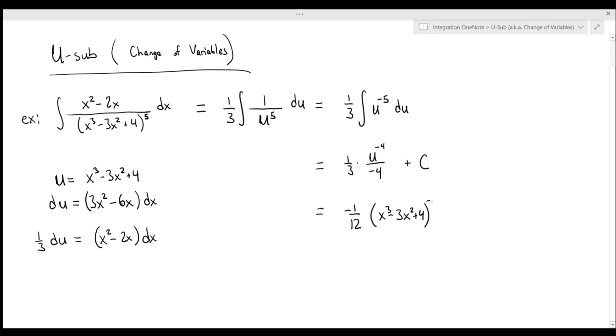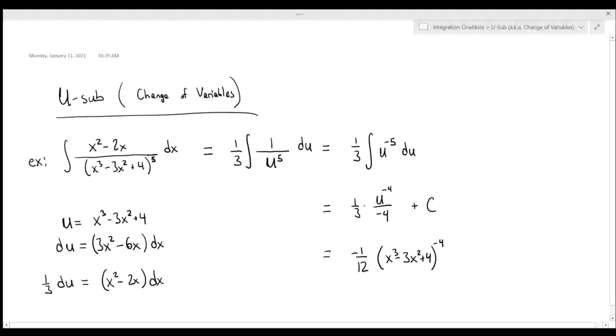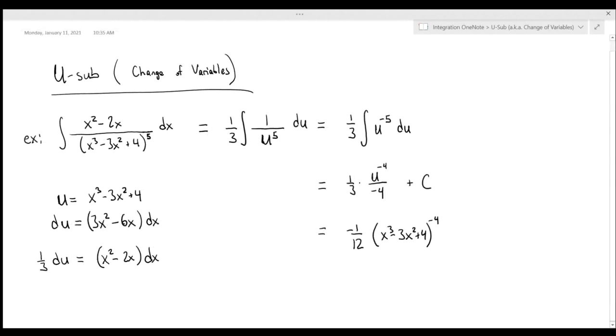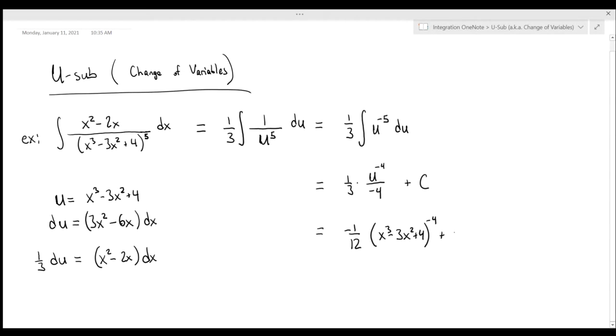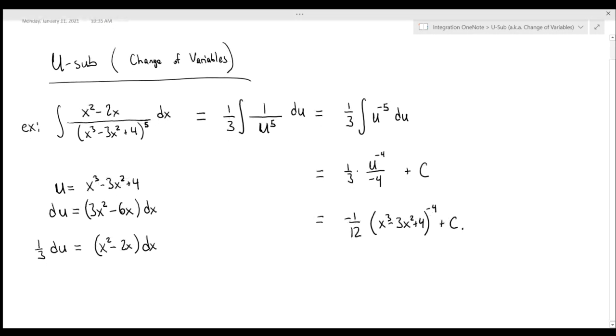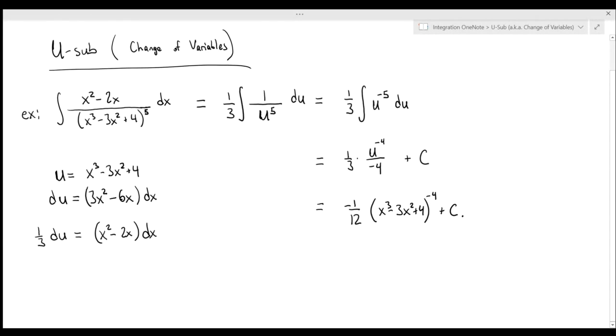And we had u raised to a power of -4. And then plus c. Okay. And then that would be a good place to stop for the problem.